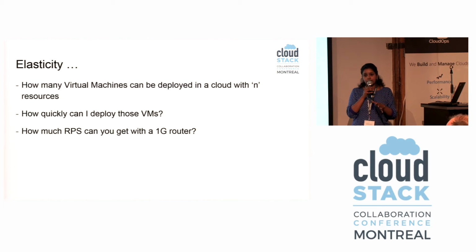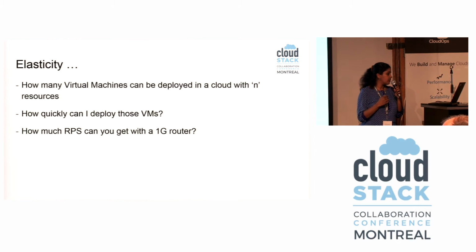Shifting gears a little bit, coming into the networking side. Let's say you have a 1 gig virtual router in your network, and the virtual router is handling LB using HAProxy. What happens when you deploy 10,000 LB rules? What happens to the traffic? How much RPS can you get?